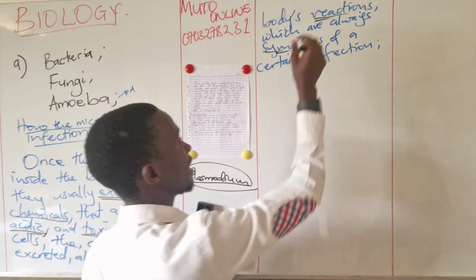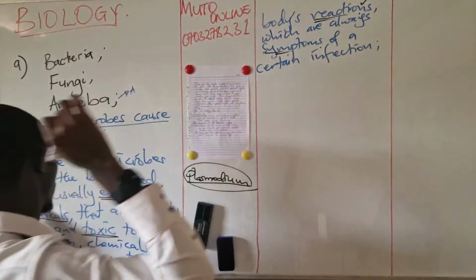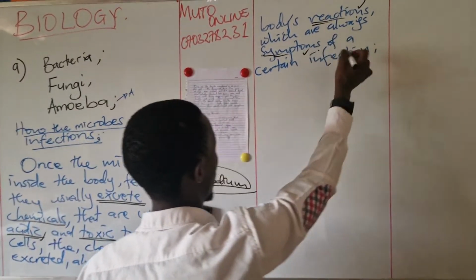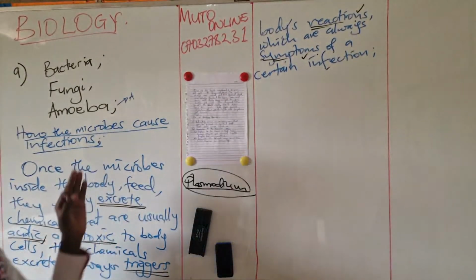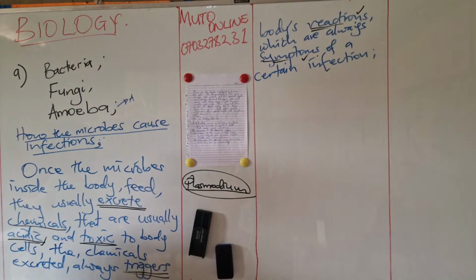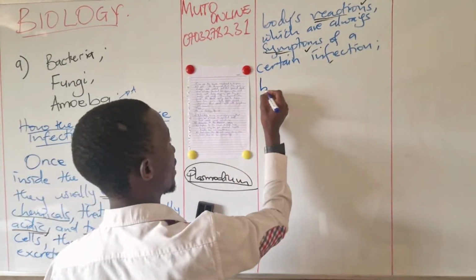So whatever way the body reacts towards certain chemicals excreted by microorganisms becomes the symptoms of that infection. So that was not part of the task, but I wanted to bring it out for us to understand it. To go on with our task with part B.